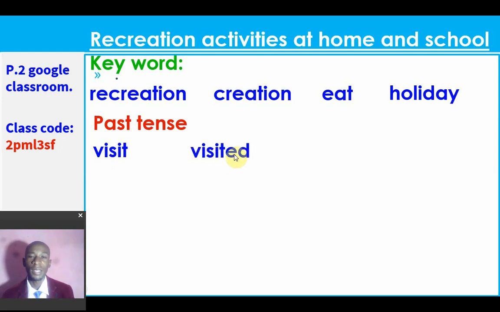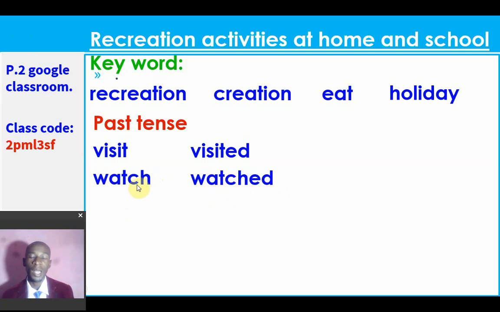So one may say, I visited my grandmother in the last holiday, or during the holiday. Are we together? Another word we have is watch. Watch. So the past tense is watched. Like we watched television during the holiday.